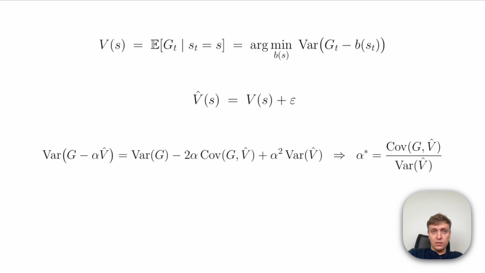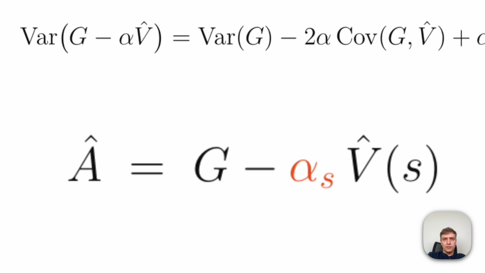And if you take it into account and try to minimize the variance again, we can show that if our predictions are not perfect, we shouldn't subtract the full value from the return. We should subtract some dampened value. And this alpha factor that we use for dampening this value can be computed based on the covariance between the return and the value that we're predicting. So I'm arguing that because our prediction of value is not perfect, we shouldn't subtract the whole prediction from the return.